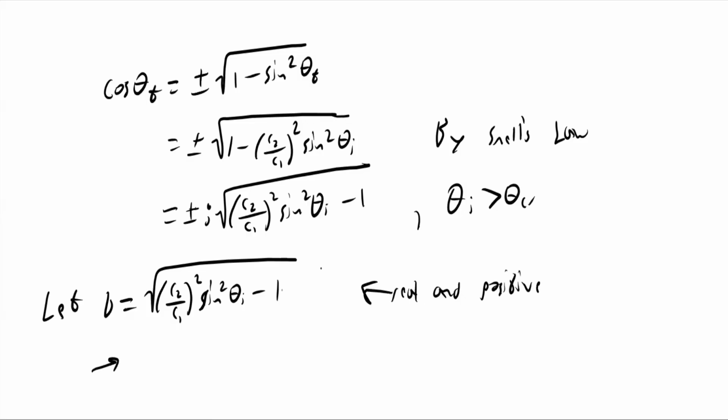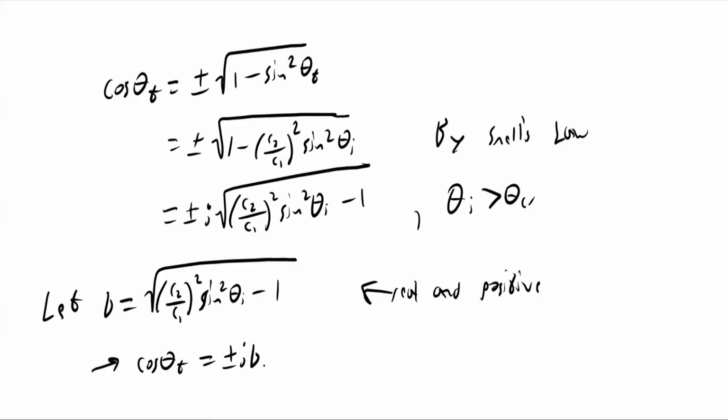Thus, we see that if theta I is greater than theta critical, cosine theta t can be written as plus or minus jb. So it actually turns out that physics dictates that we must choose the minus j rather than the plus j solution.